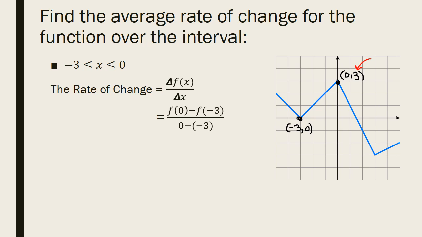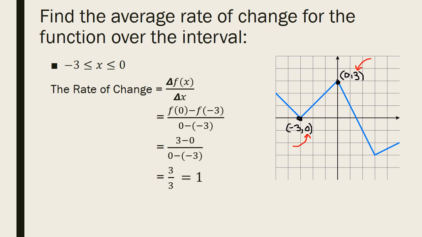And the output of -3 is right here, which is 0. So I can switch these two notations with 3 minus 0, which makes me end up with this final answer.